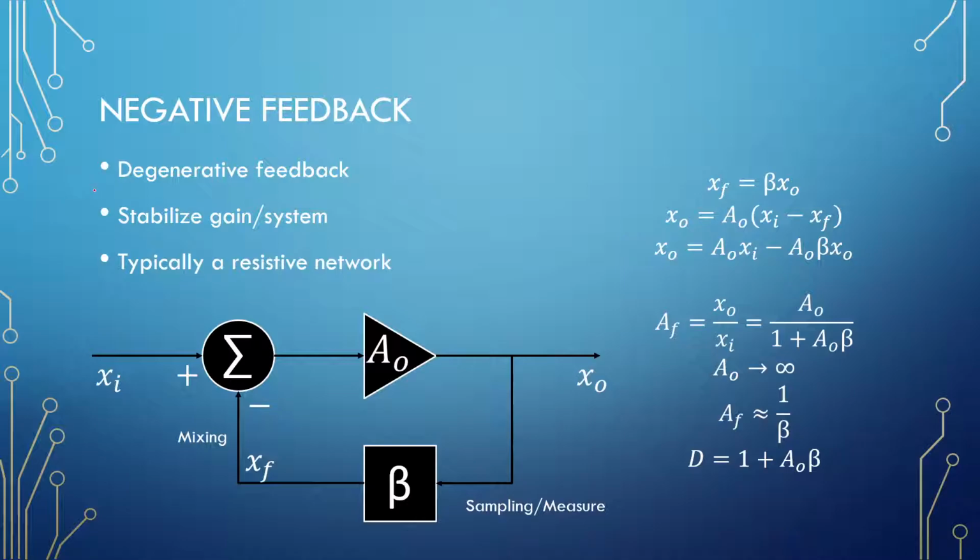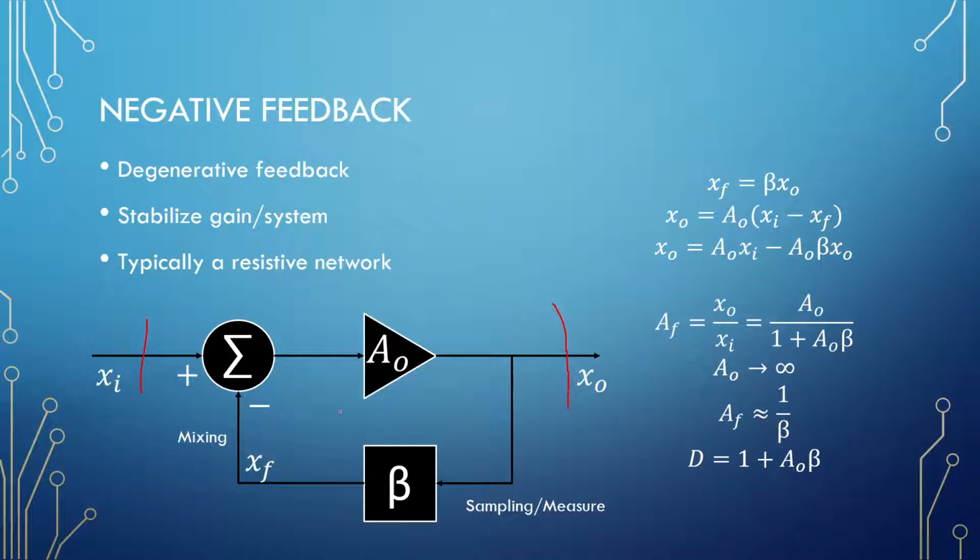So it is known as degenerative feedback, and we use it to stabilize the gain of a system. And the feedback network, the beta, is typically a resistive network. So having a look at it, we have some input, some output, and if we have the output divided by the input, it will give us the gain of this system.